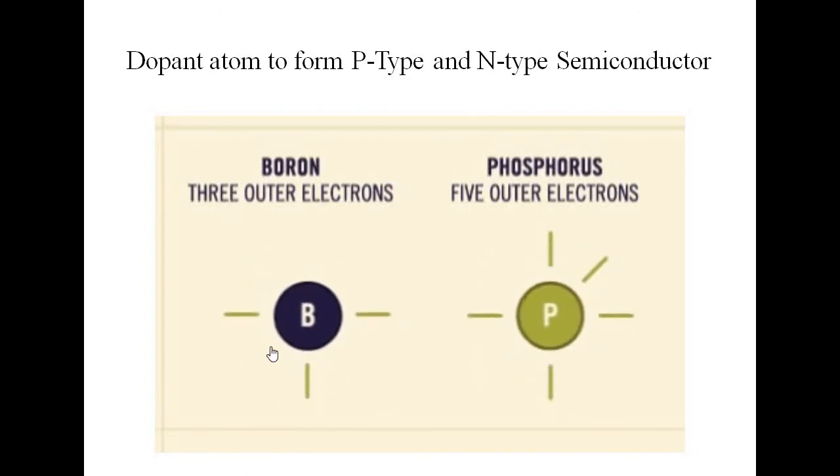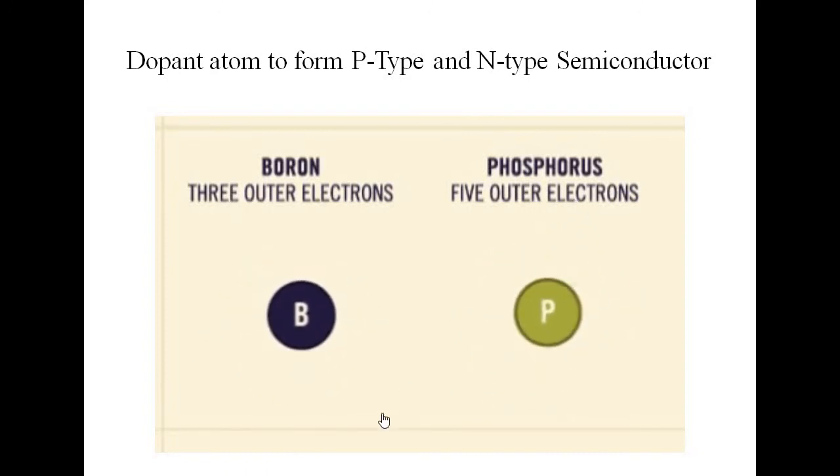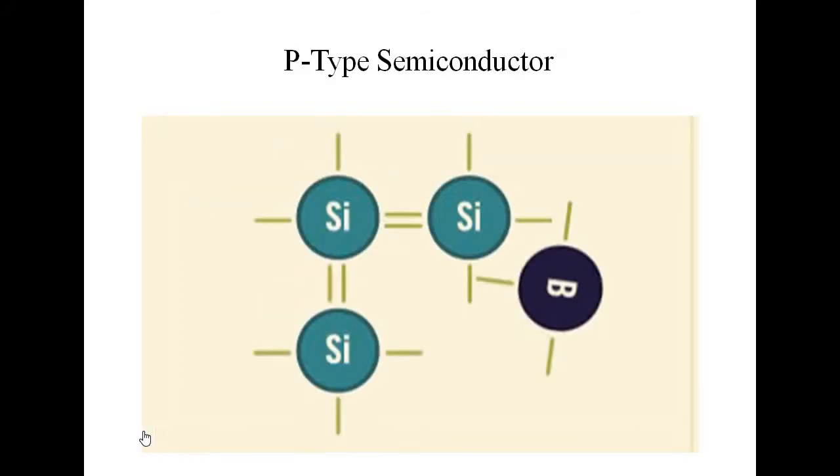Boron has 3 electrons in the outermost shell and phosphorus has 5 electrons in the outermost shell.